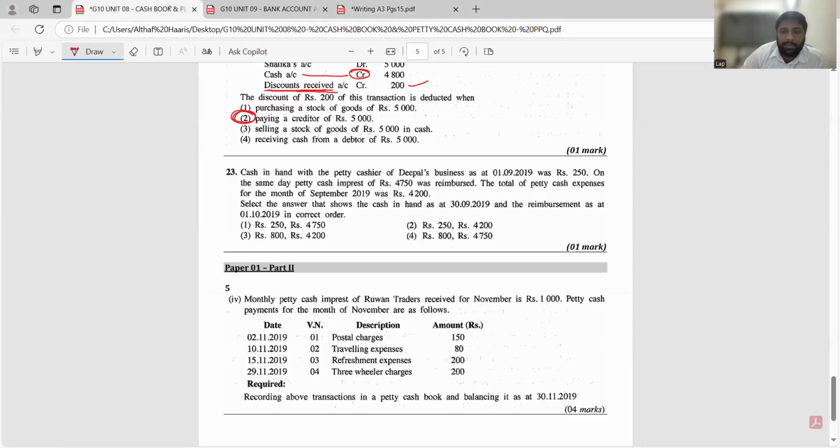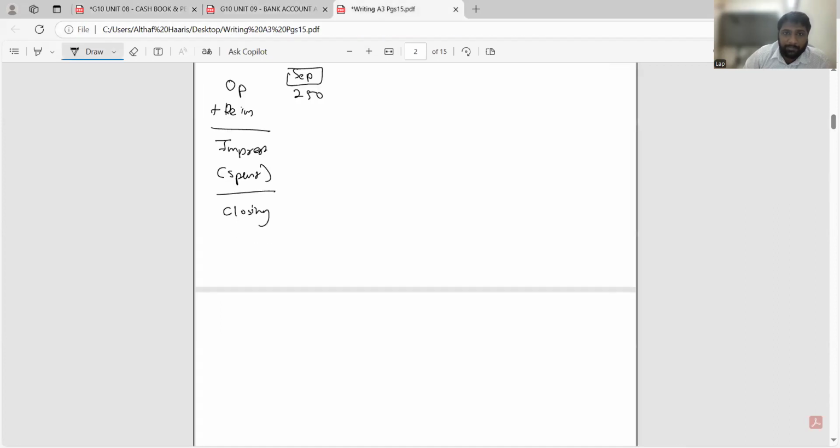The next one, on the same day, the petty cash imprest of 4,750 was reimbursed. So we have 250, and to make it 4,750 we have reimbursed 4,500.